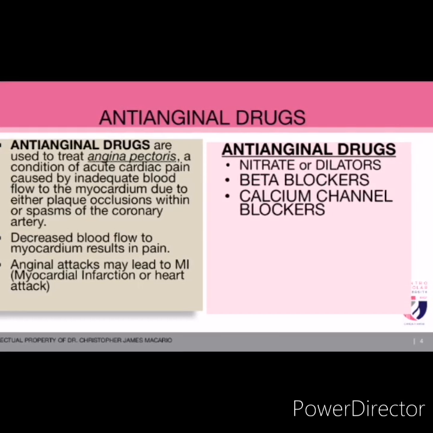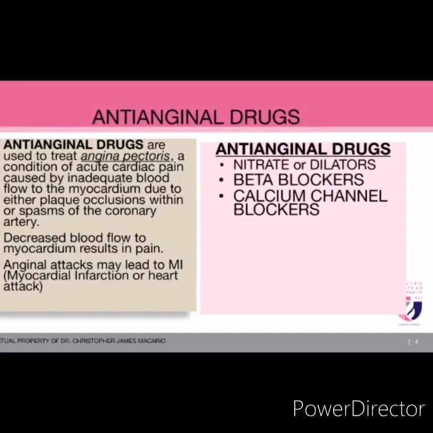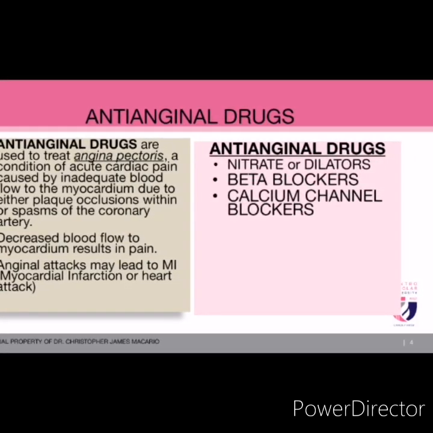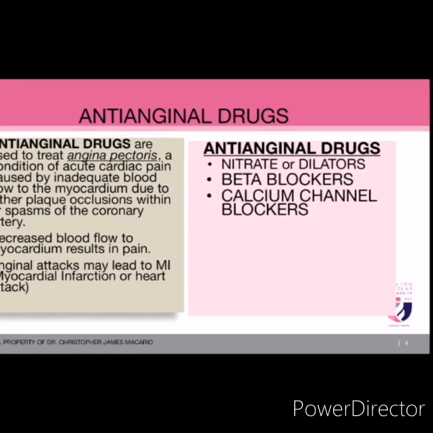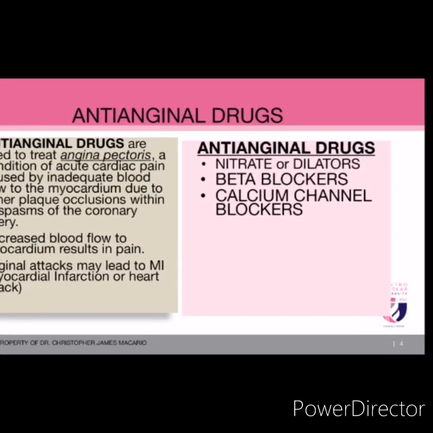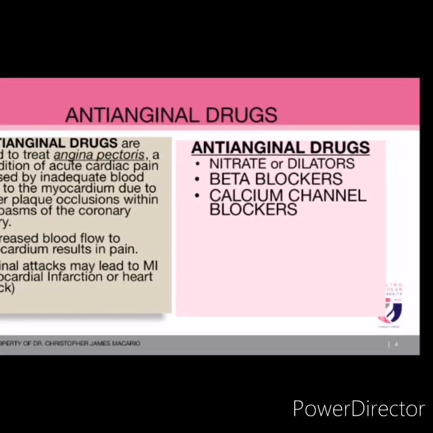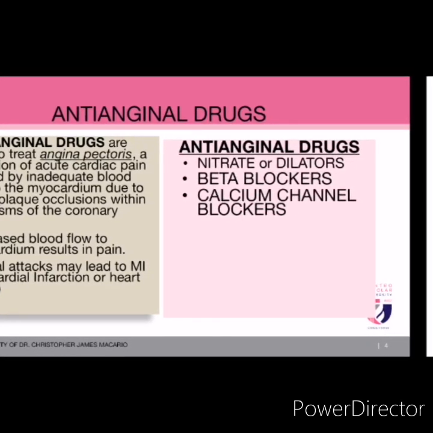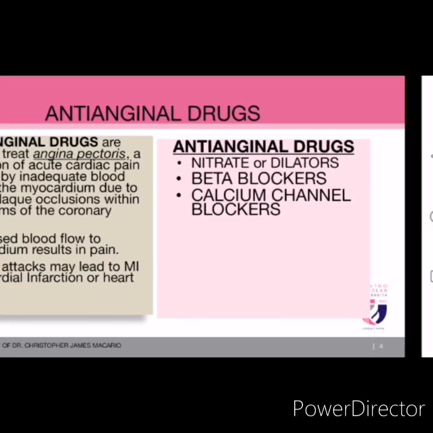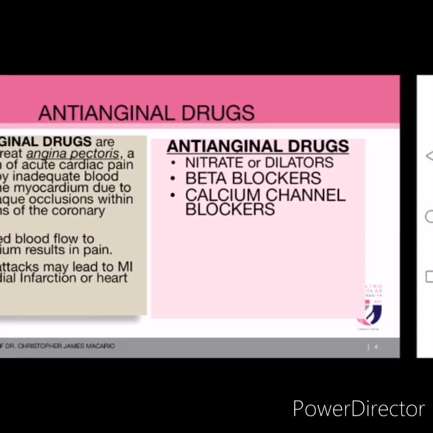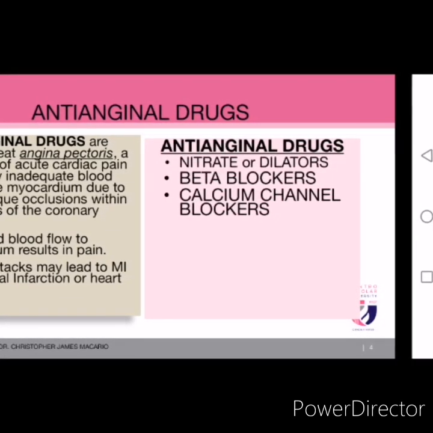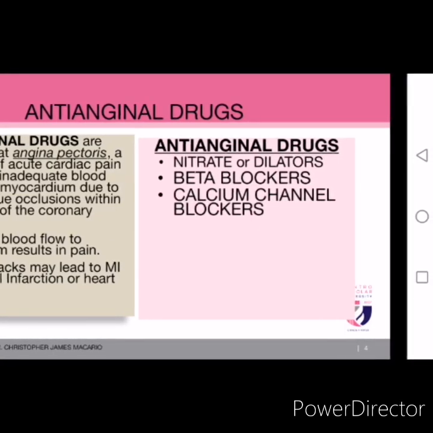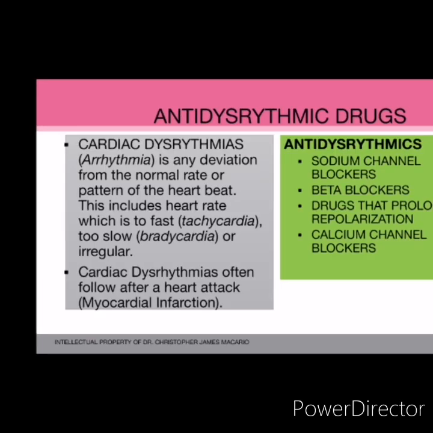Decreased blood flow to the myocardium results in pain, and anginal attacks may lead to MI, or otherwise termed as your myocardial infarction, or in layman's term, your heart attack. Anti-anginal drugs include your nitrates or dilators, your beta blockers, and your calcium channel blockers.